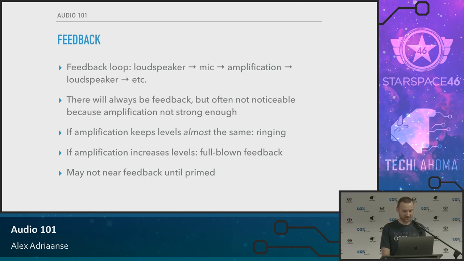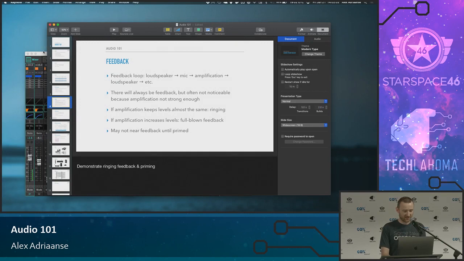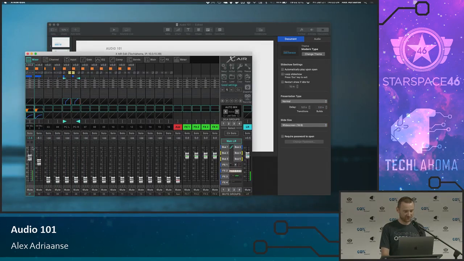So I may try to demo that. I don't know if my gains are high enough, but let's see what happens here. You hear that? The ringing? It's pretty bad. But it's still on the verge of getting loud.